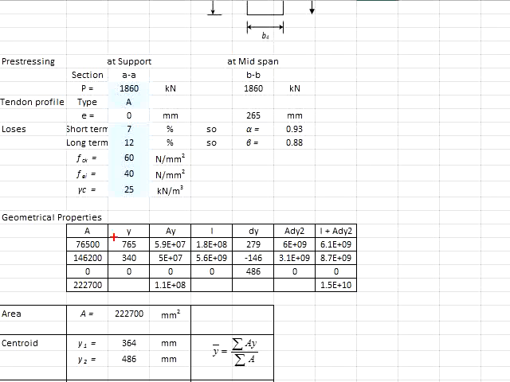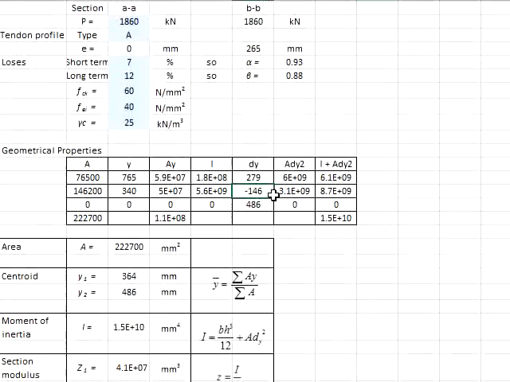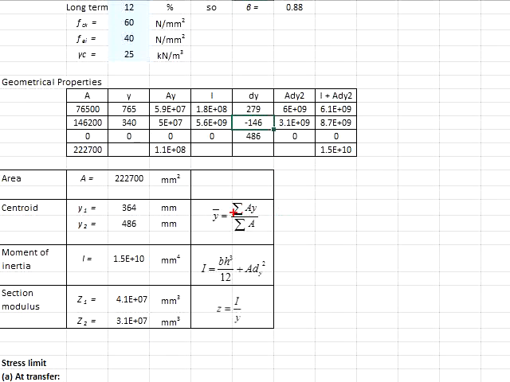The respective centroid of the elements is calculated. This column is calculated by multiplying the A with the Y. Sum up the A and sum up the AY. The centroid of the member is calculated by dividing this with this in order to obtain this.